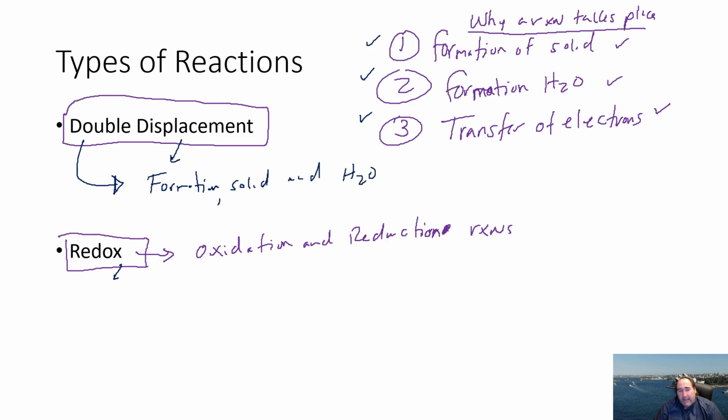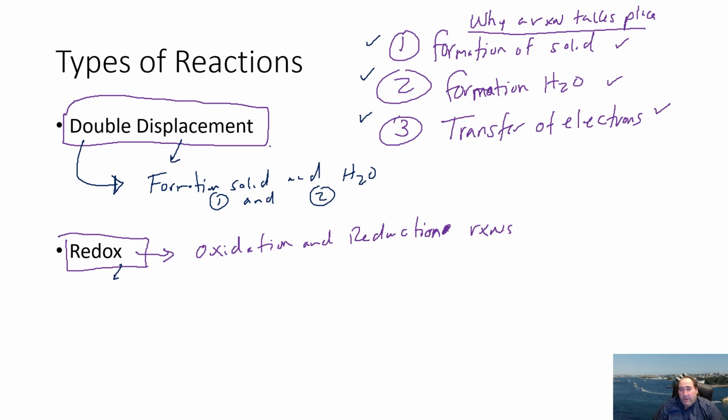So basically, number one and number two up there all fall under the double displacement big umbrella. We'll talk about more specific classifications of double displacement reactions shortly, but making a solid, the formation of water, those two pretty much fall under that double displacement umbrella.